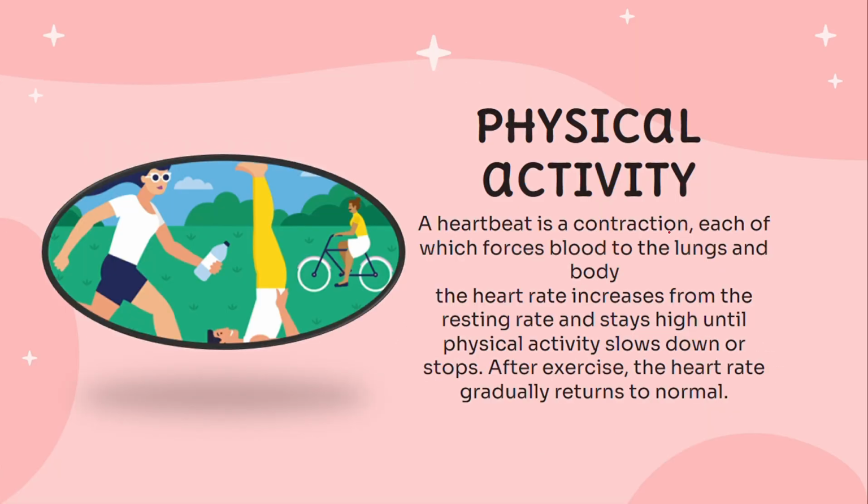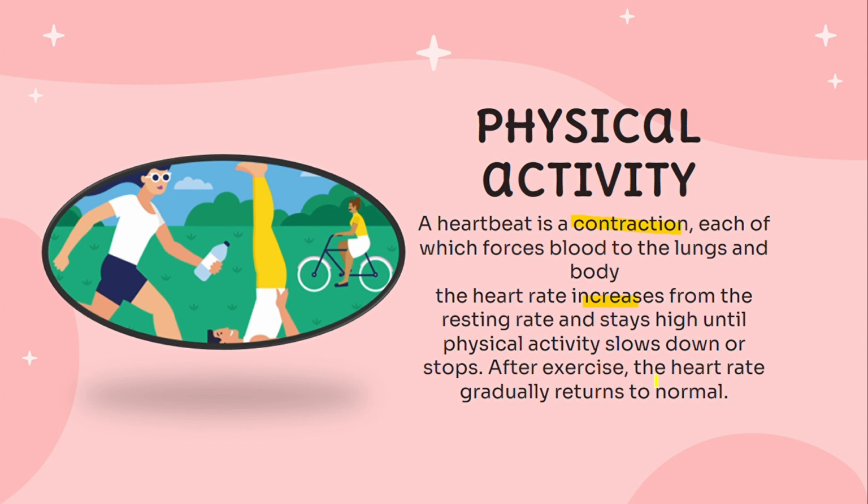Moving on, we're going to talk about the physical activity. So, a heartbeat is a contraction. Wait, let me use a highlighter. So, it is a contraction, each of which forces blood to the lungs and body. The heart rate increases from resting rate and stays high until physical activity slows down or stops.